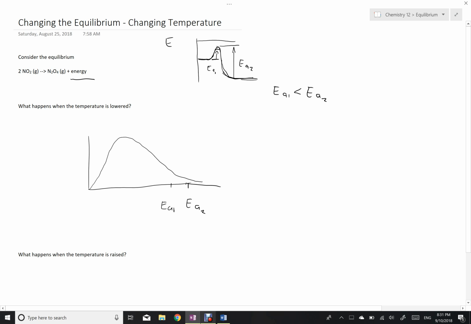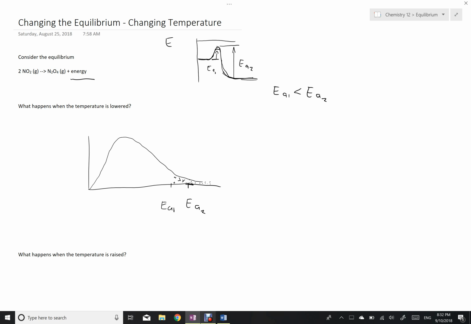And so, at our regular temperature, the reverse reaction is happening this much, and the forward reaction is happening this much. That would make the forward reaction naturally faster.